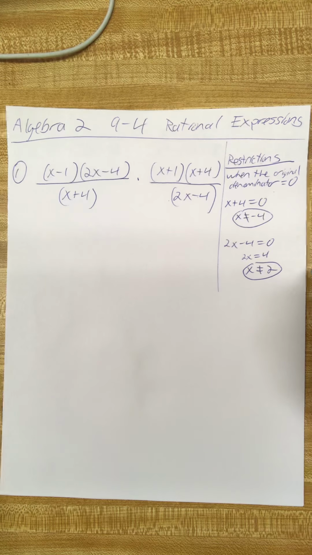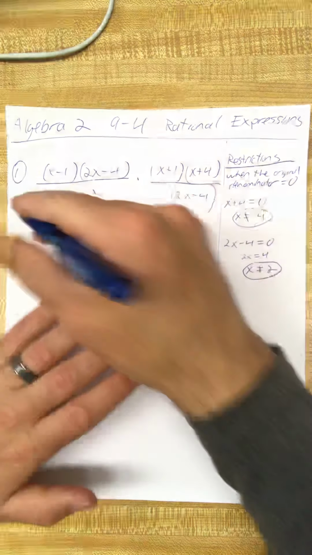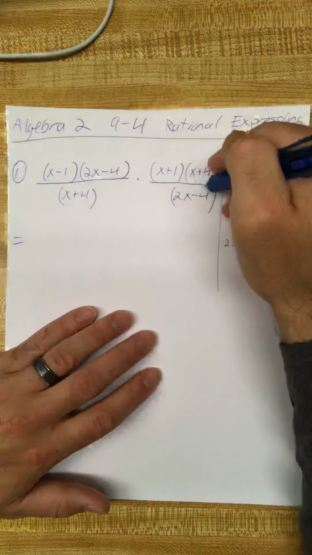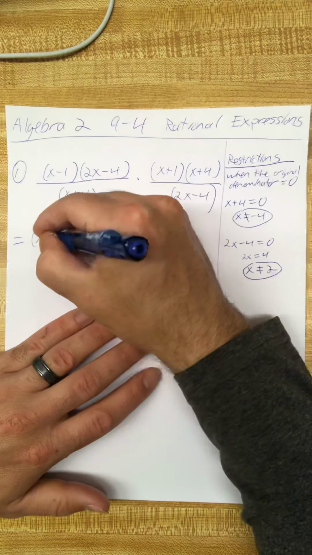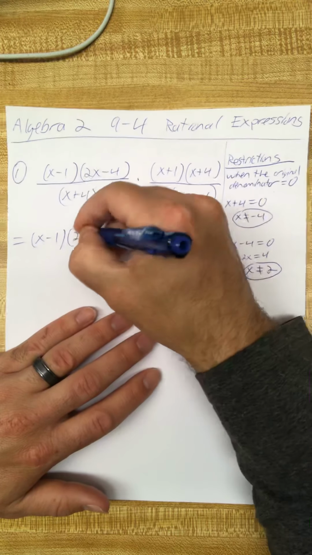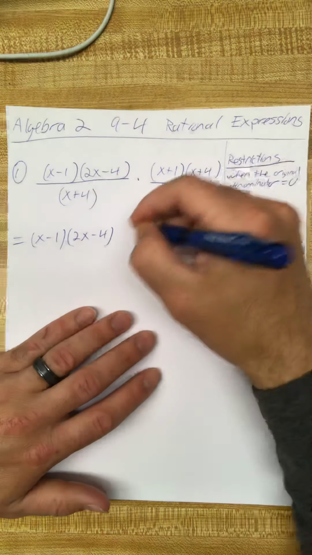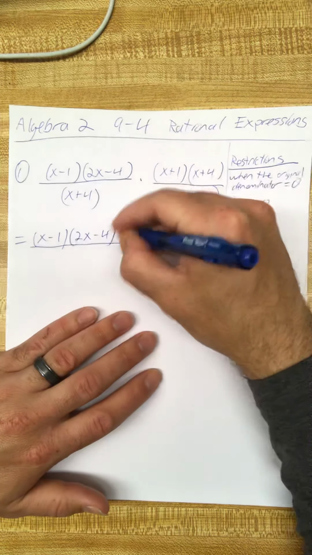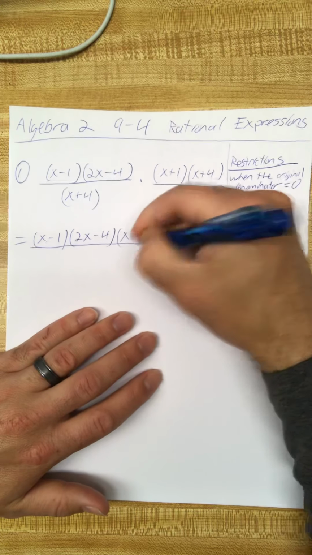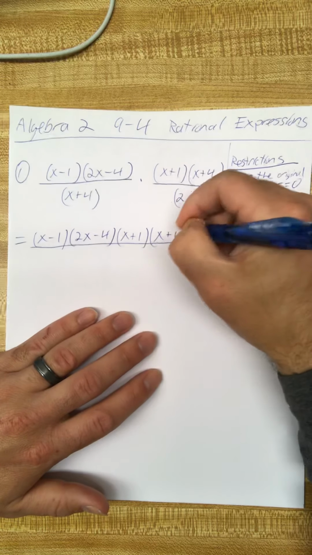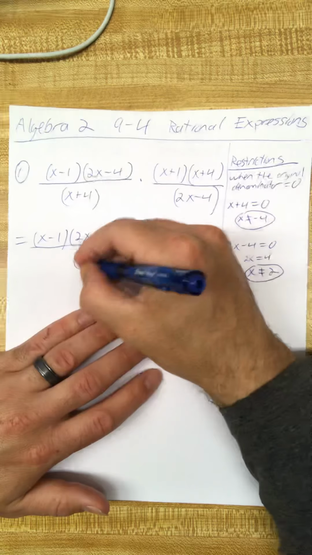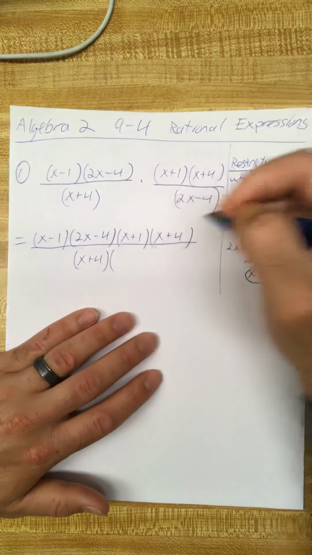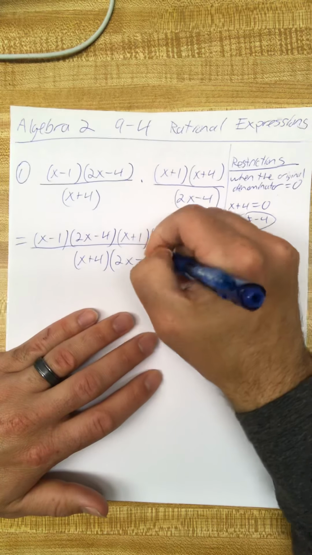So next up, if you want to write this as one big fraction, I just want to rewrite this so that you guys can see the original. And then how I reduce, I don't want to start crossing stuff out in that original. But again, this is multiplication, so you can write the whole thing out. Multiplication is your friend with fractions. All right, in the denominator, write x plus 4 times 2x minus 4.